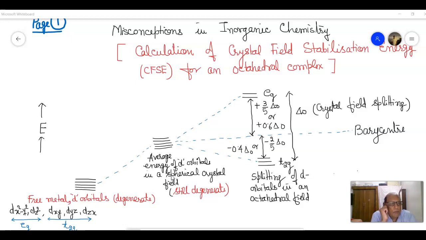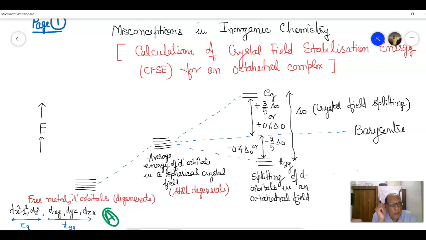You know, all the five d orbitals are degenerate or of equal energy in the free metal ion, as I'm representing by situation A. But on account of symmetry, these five types of d orbitals are further classified into two categories: the dx square minus y square and dz square orbitals, whose lobes are such that axes pass through them, are known as axial orbitals and denoted by the symbol Eg.